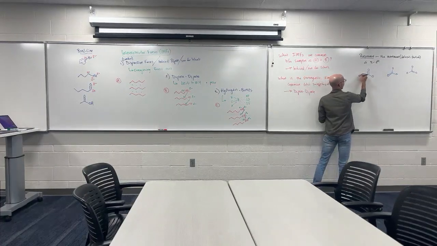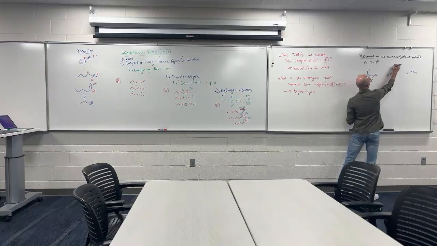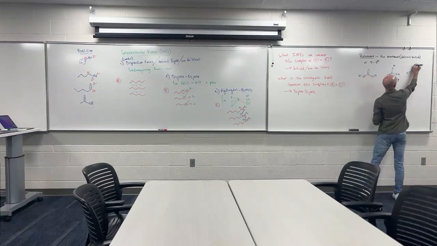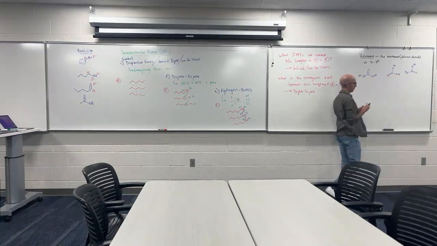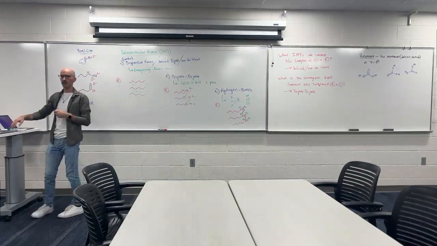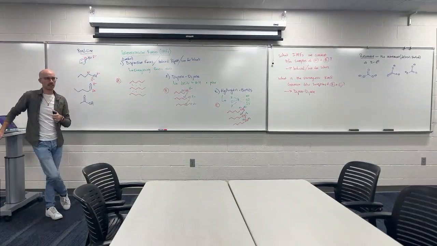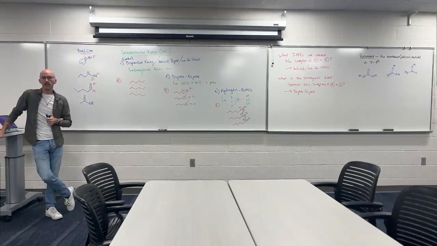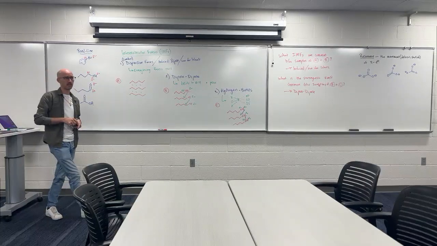One, where the top oxygen has a double bond. One, where the bottom left oxygen has a double bond. And one, where the top right oxygen has a double bond. Now, students usually come to me and say, those are the same molecule, you just rotated it.